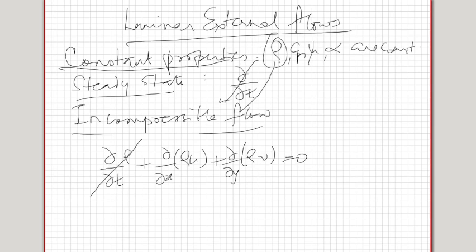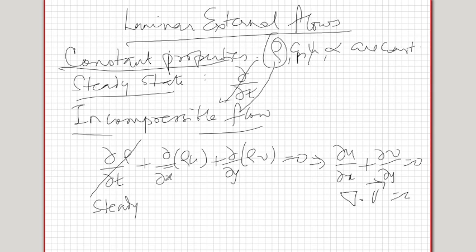And since density is a constant, it can be taken out of the differentials. So this equation reduces to del u by del x plus del v by del y equal to 0, or in other words, del dot v equal to 0. This is your continuity equation, equation number 1.